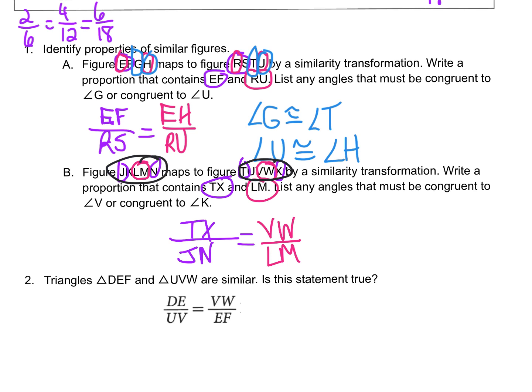All my letters from that one are on bottom. It doesn't matter top or bottom as long as you keep all the letters to that one figure there. Now it says angle V is congruent to angle L. And then angle K is congruent, and it's the second letter in here, to U.